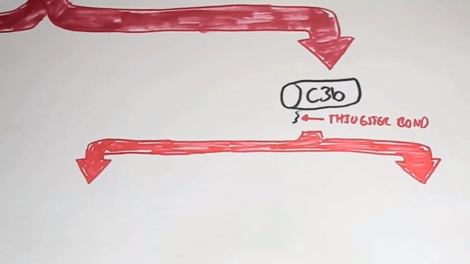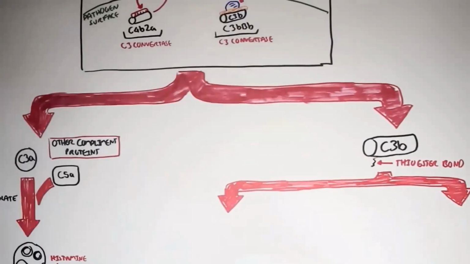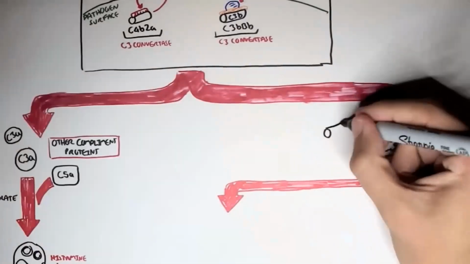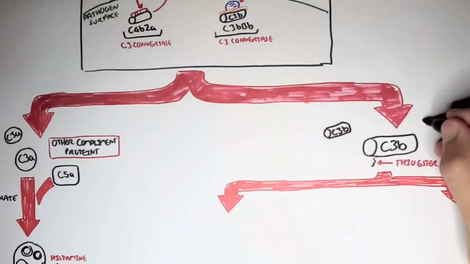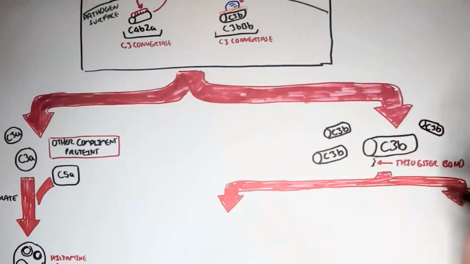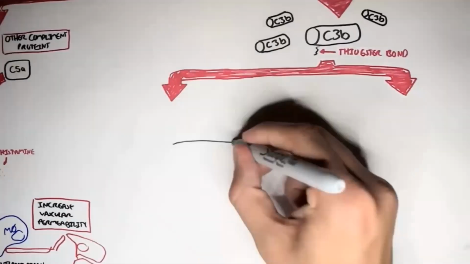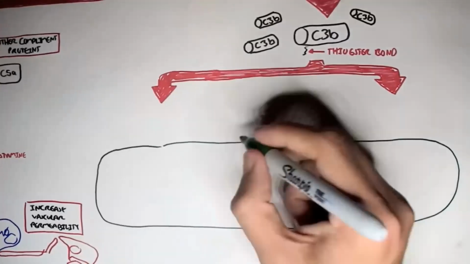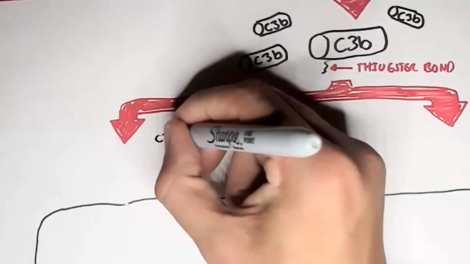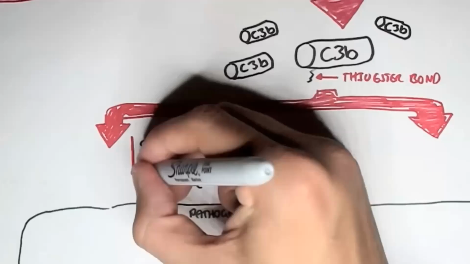Actually, an important thing to know is that there are many C3bs and many C3as, because the classical pathway, the alternative pathway, and the lectin pathway form many C3 convertases, which means that they split many C3s to form many C3bs and many C3as. So it's important to know. Now that we have many C3bs, these C3bs can bind to the pathogen surface through this thioester bond.